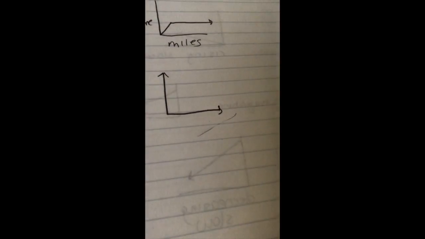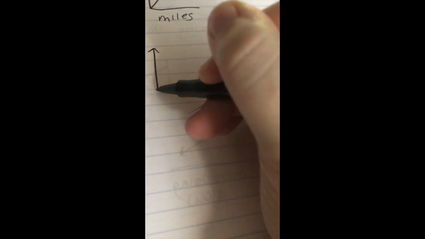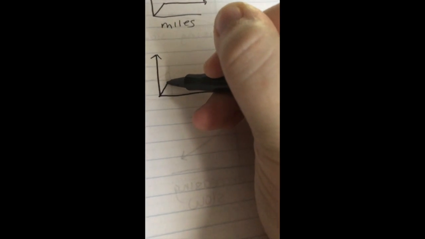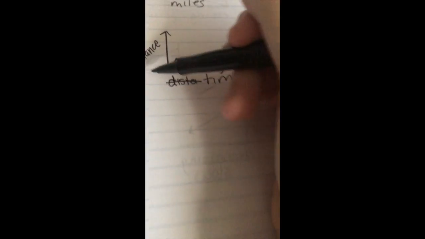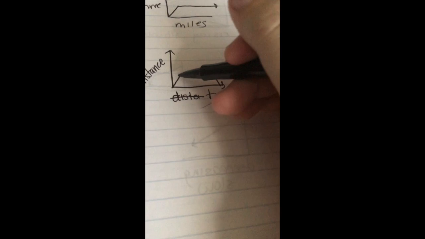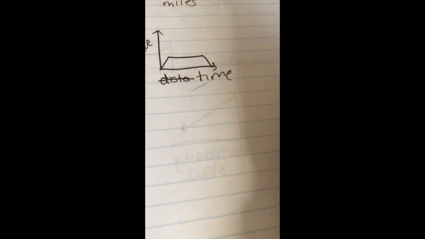And of course, when we talk about analyzing graphs, we want to be able to come up with a situation that makes sense. Say you are leaving for work, you get to work, you stay at work for 8 hours, and then you go home, where this might be the time and this might be distance. Maybe away from home or to the office or wherever you need to go.